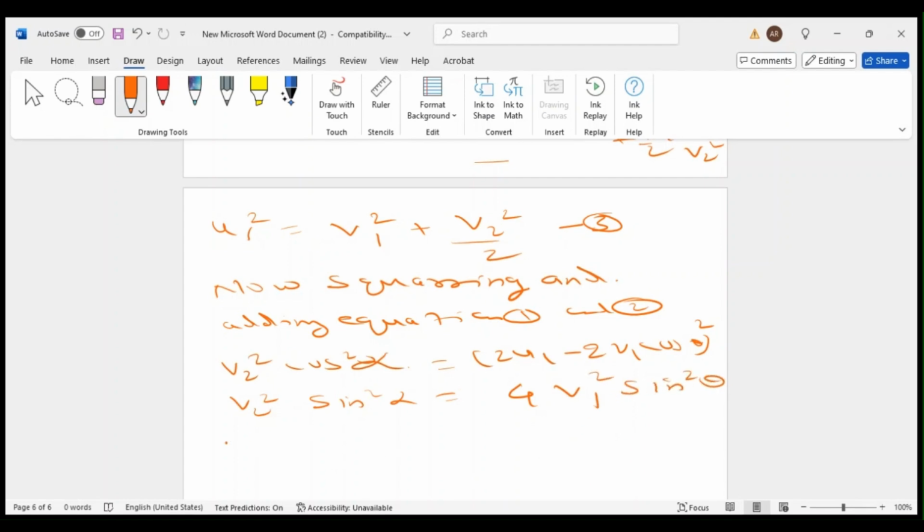Now on adding, we will get v2 square is equal to 4 u1 square plus 4 v1 square minus 8 u1 v1 cos theta.